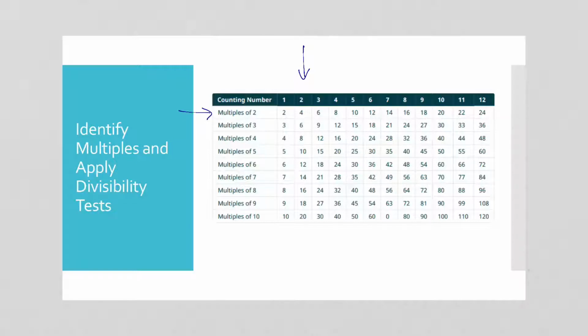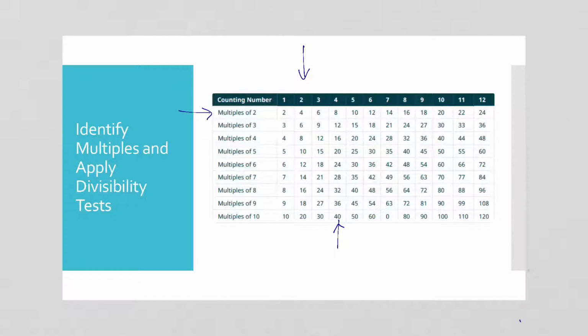So taking a look at this, your 2s are always even numbers. Check out your 4s. Those are also always even numbers. Your 3s, every other one is even, in case you've never thought about that. Your 5s always end in either 0 or 5. Your 6s are always even numbers.